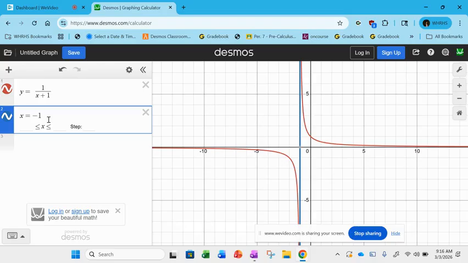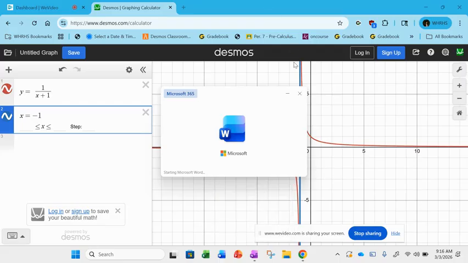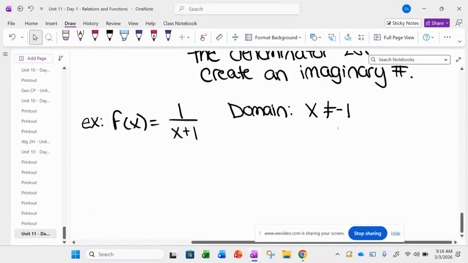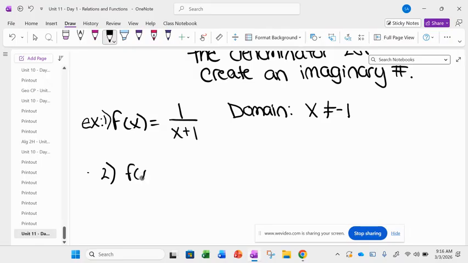Now, whereas if I give you f of x is equal to x plus 3.